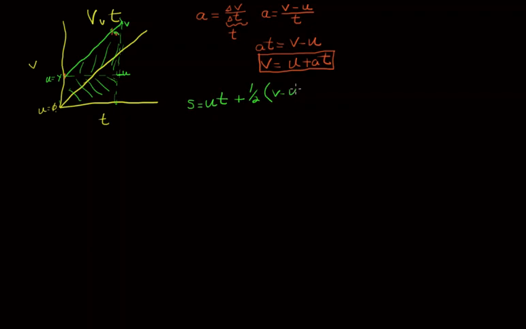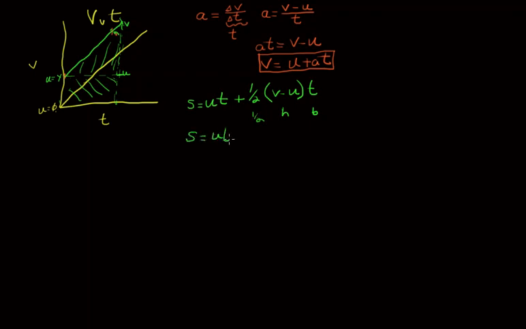So V minus U is the size of this side of the triangle times the time. So that's 1/2 the base times the height, right? Which is the triangle. All right, so let's just work this out.